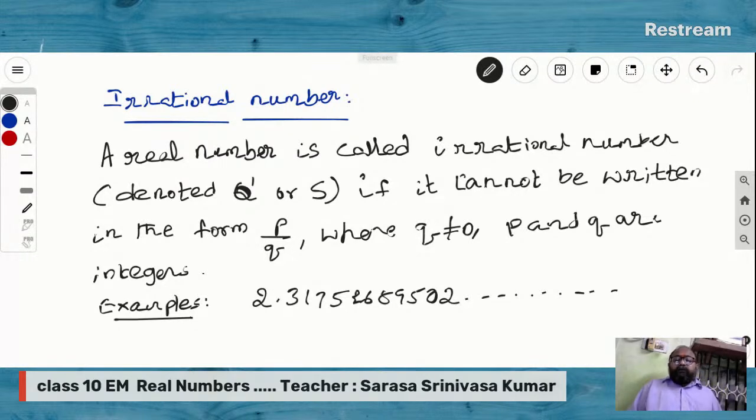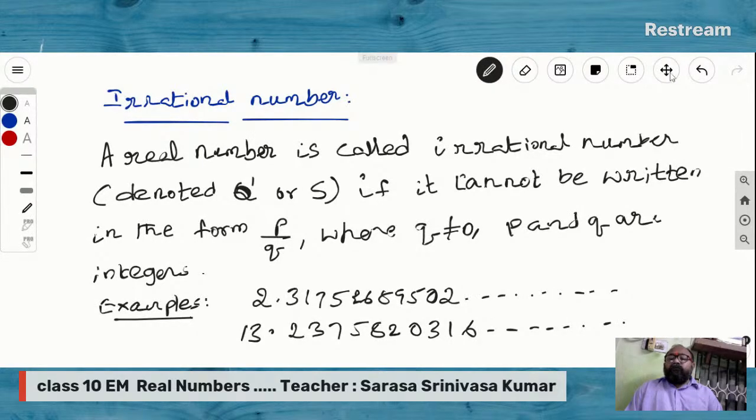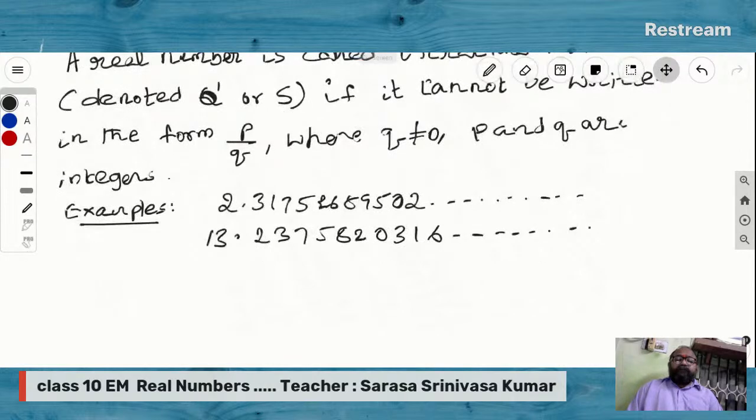It is a non-terminating, non-recurring decimal. 13.2375820316 and so on. So when do you say that it is an irrational number?